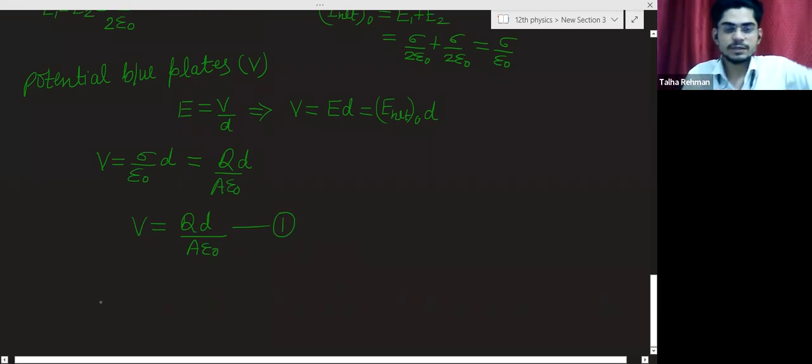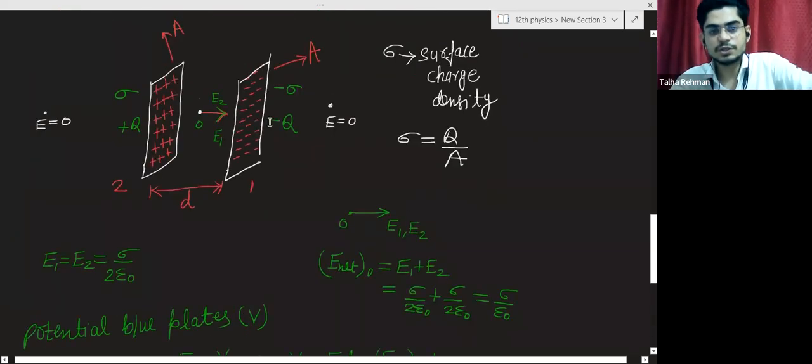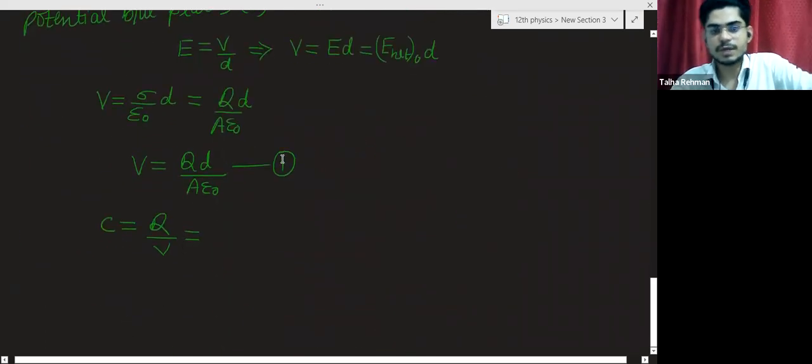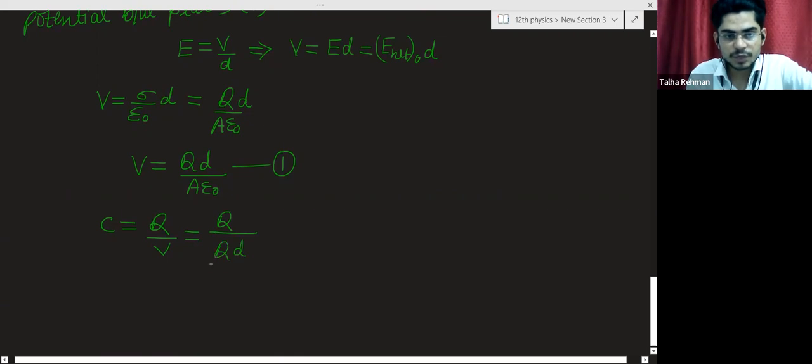And we know that the capacitance is equal to charge divided by potential. What is the charge here? Charge is Q. Magnitude of charge is Q. And potential is QD divided by A epsilon naught. Q and Q cancel.